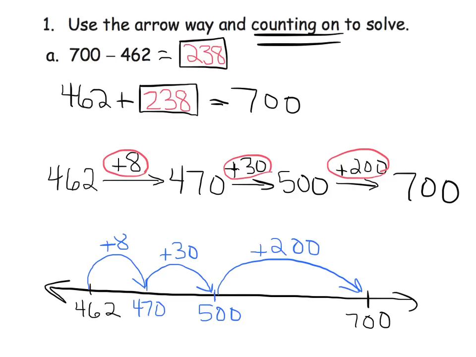So similar to the arrow method, we've got these hops on a number line, and of course the answer is 238. Now again, we didn't have to go in this order. We didn't have to start by adding 8. We could have started by adding 200, or we could have started by adding 100, then another 100. It's really up to the students on how they hop or how they use the arrows to get to their destination.